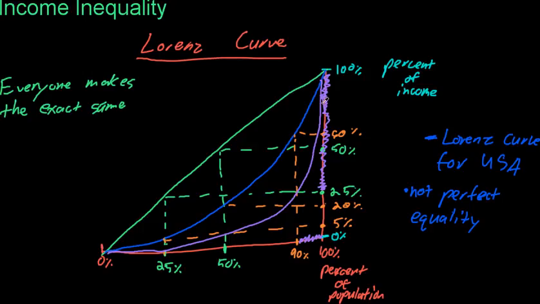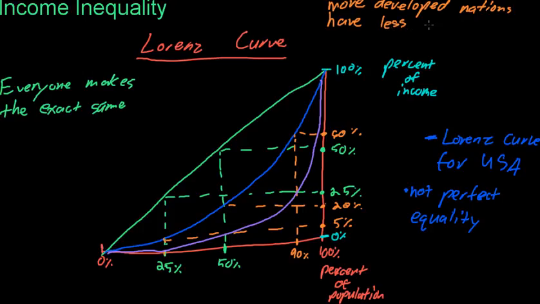So the only other thing that I really think is worth stating in this video is that in reality, when we go try and actually calculate this Lorenz curve for nations, the more developed nations, on average, actually end up having less income inequality.